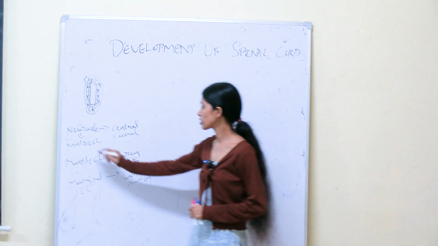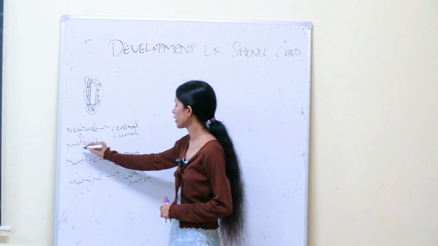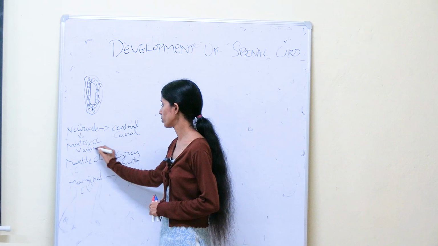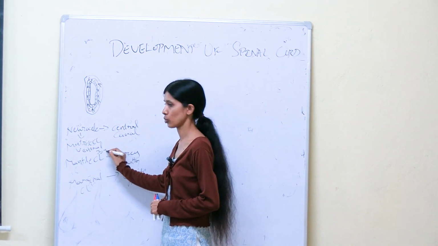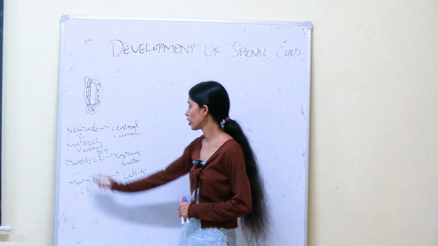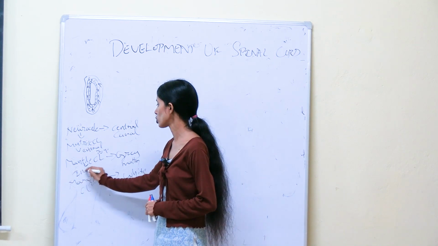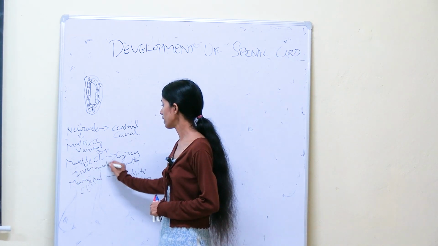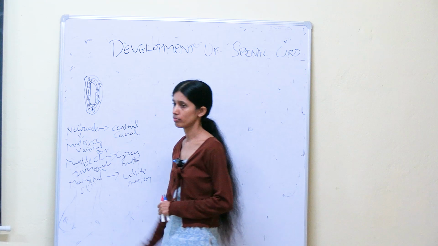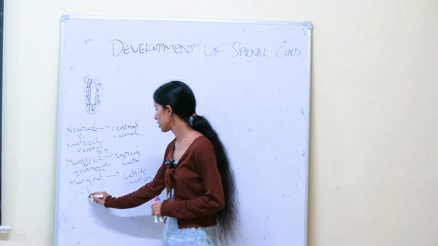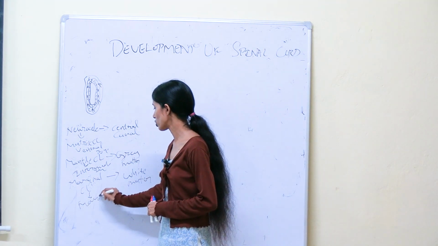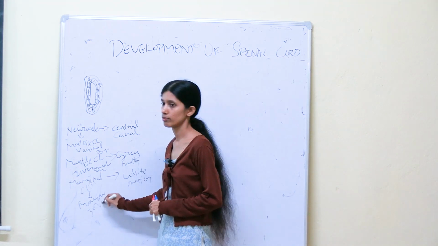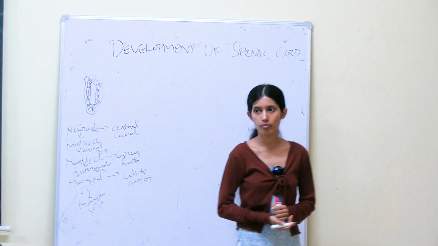Okay. Your matrix cell layer is also called as ventral zone, okay, and your mantle cell layer is also called as intermediate zone, and the marginal cell layer is also called as marginal zone, okay.